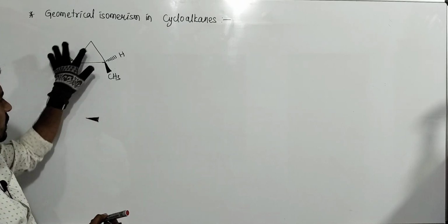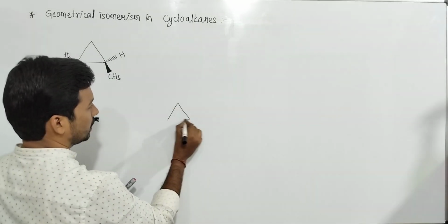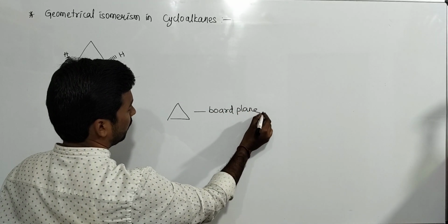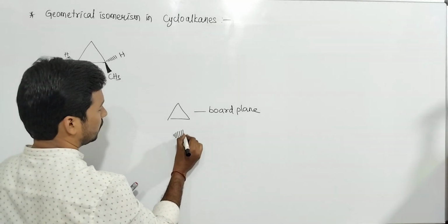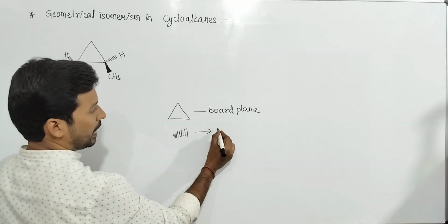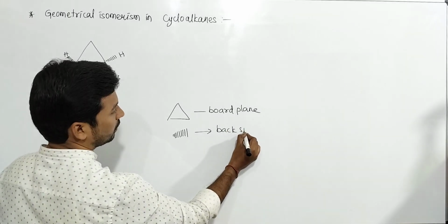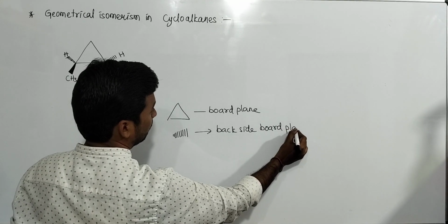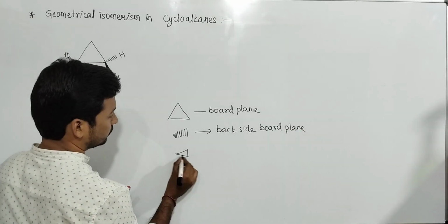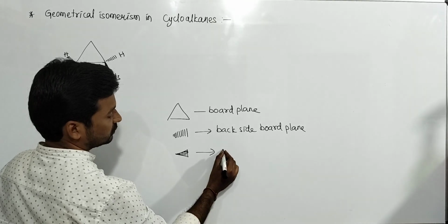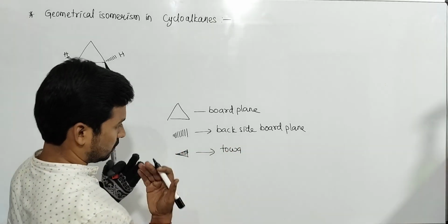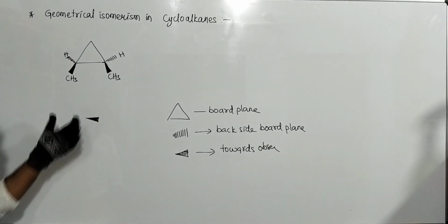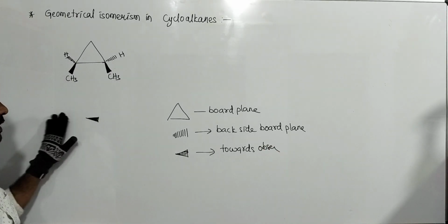This one is present on the board plane, and groups represented with the dash are at the backside of the board plane. So two methyl groups towards the observer, same side, cis.